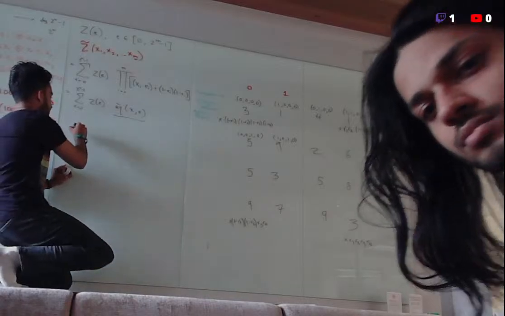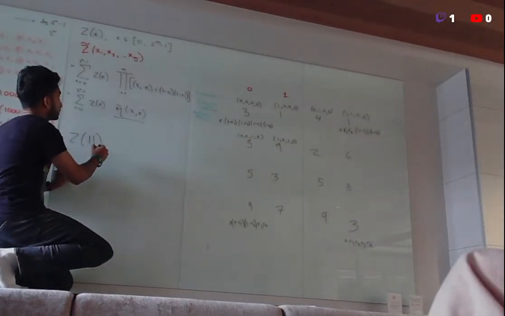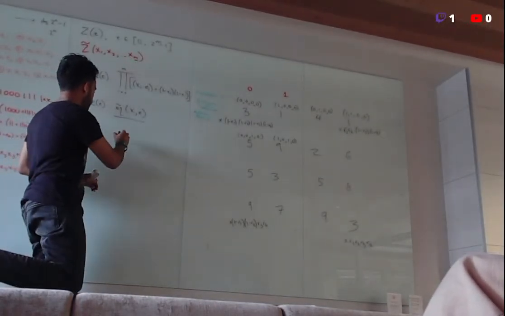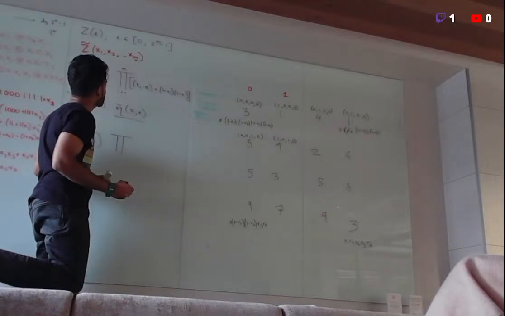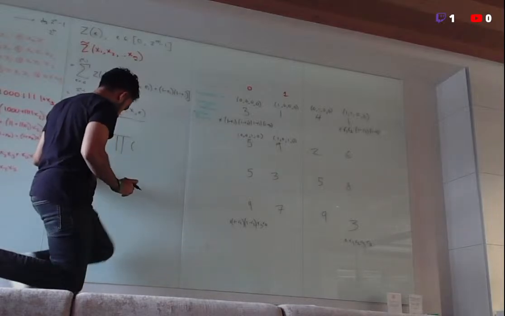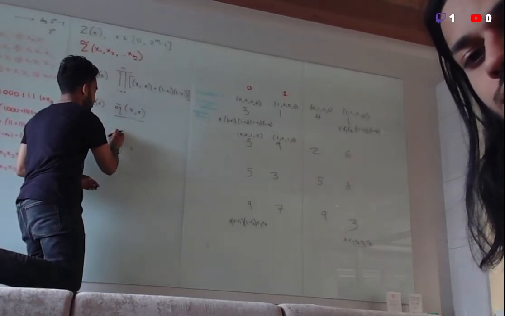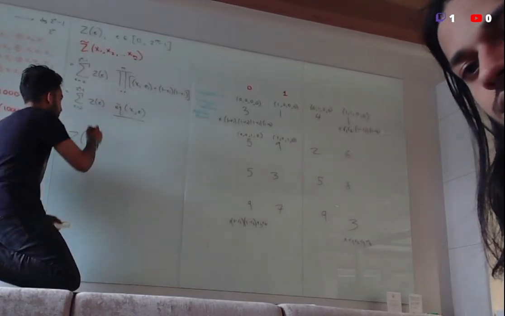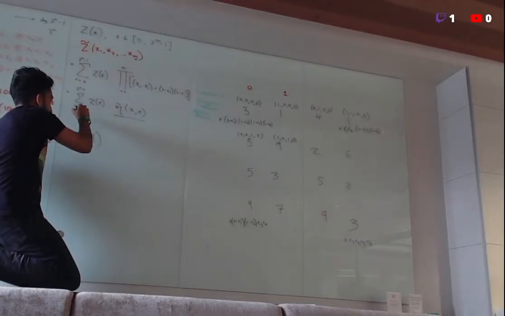So we have z of 11, times the product. We're actually just going to write this out completely and expand the product. 11, when you convert it to binary, in the most significant bit notation, is 1, 1, 0, 1.